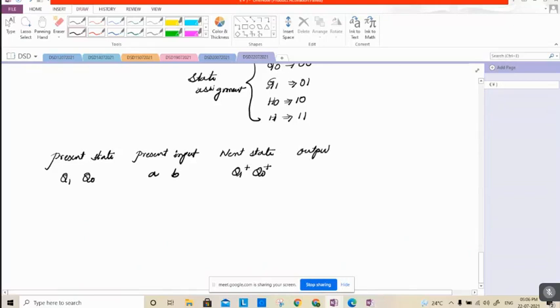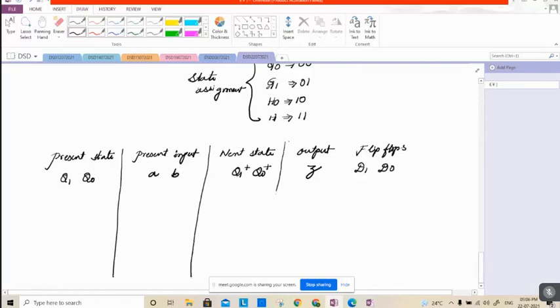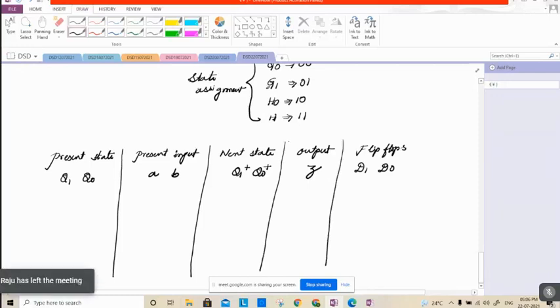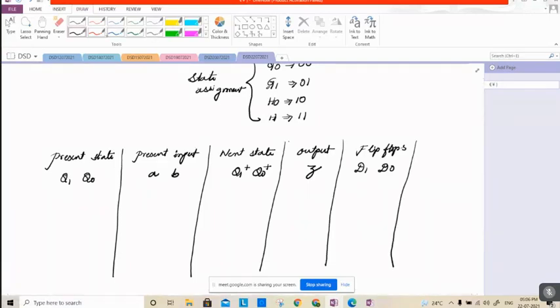Output can be written here, which is Z. Now, how many flip-flops are required? 2 flip-flops, D1 and D0. Present states, present inputs, next states, outputs, and flip-flop inputs.